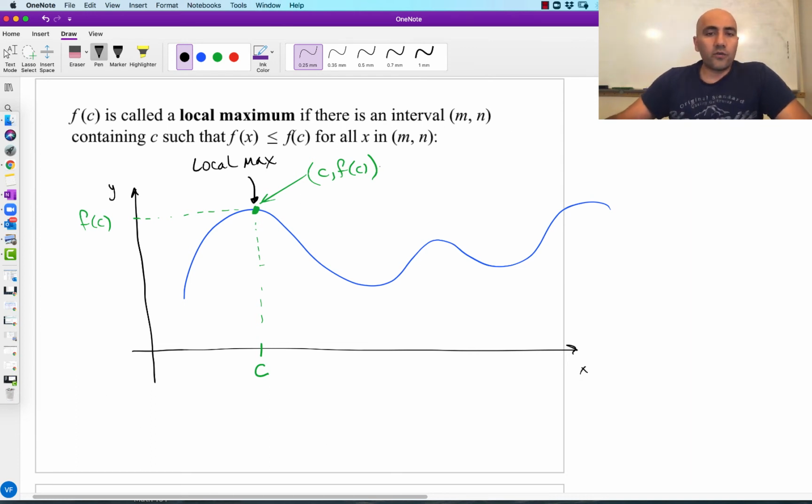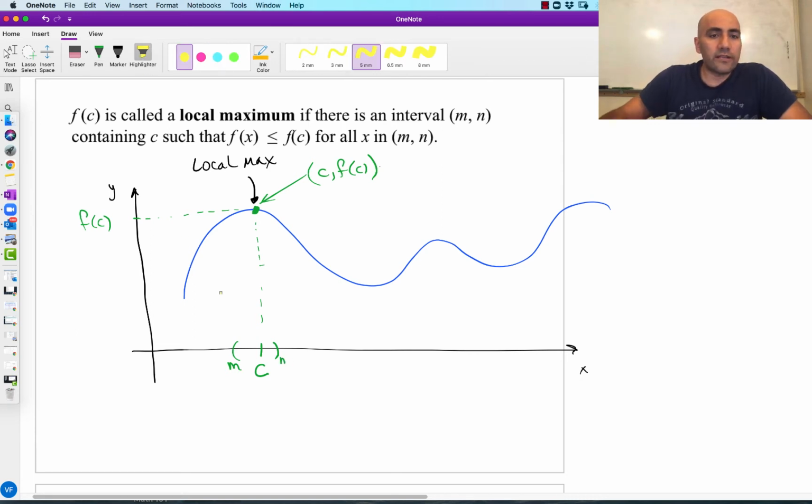And as far as this whole thing, we're saying that f of c is going to be a local max if there exists a little interval. Now, often we draw it where the c is in the center of our interval, but it doesn't quite have to be right in the center. So let's say maybe it looks like that. So this is going to be from m to n.